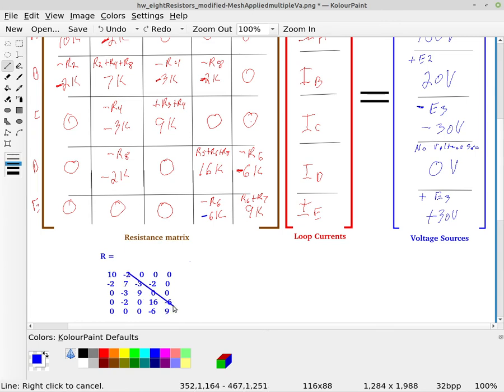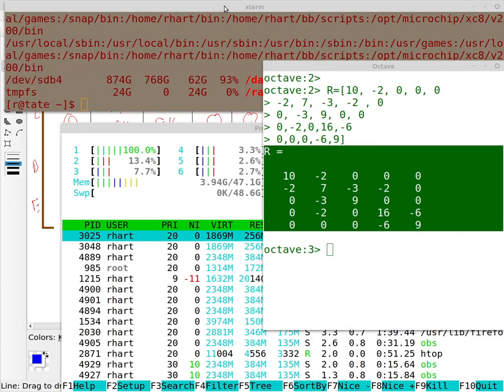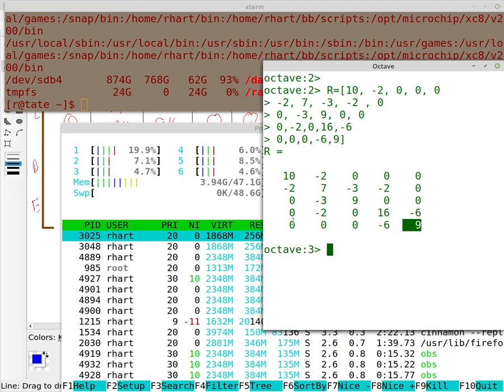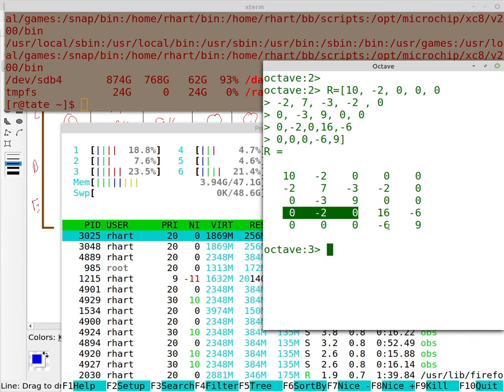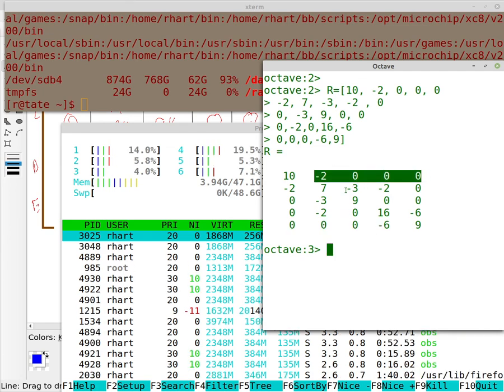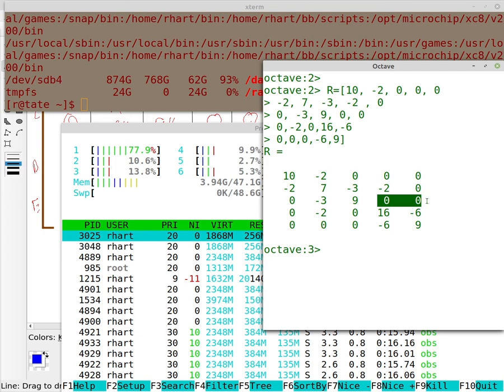Everything off the diagonal is negative, and it's symmetric. So when we look at this software program, we can see positive, positive, positive, positive, positive along the diagonal, and then the off-diagonal values are either zeros or negatives, and they're also symmetric, so they match top and bottom. You just flip the triangle and they match.